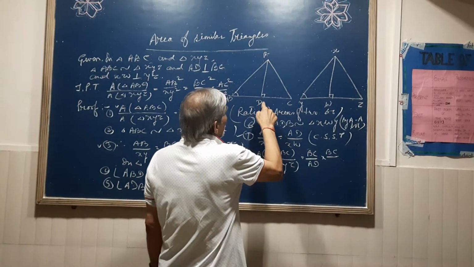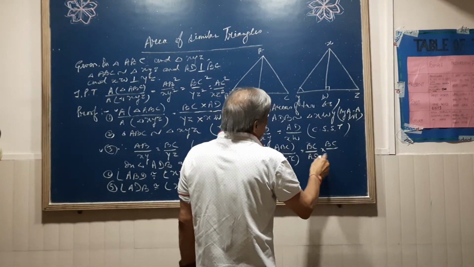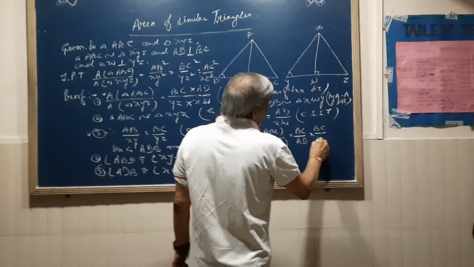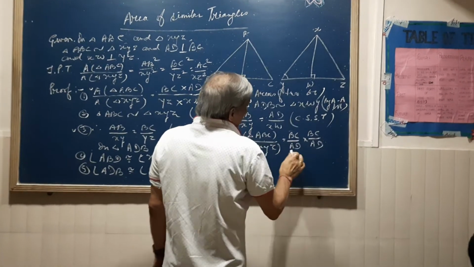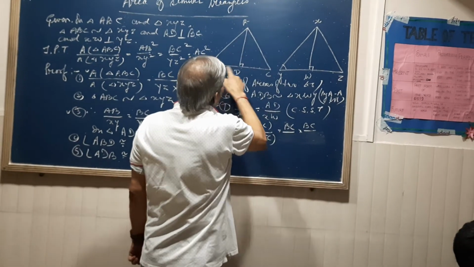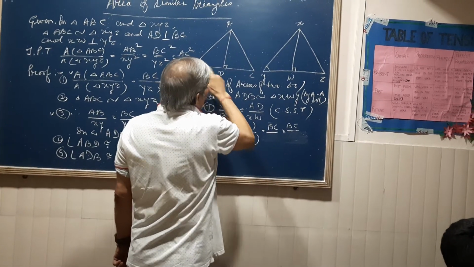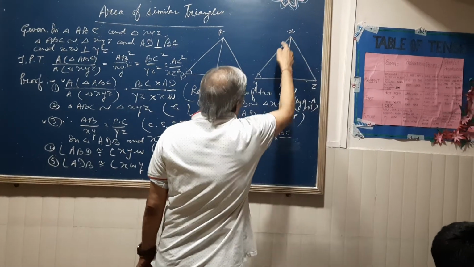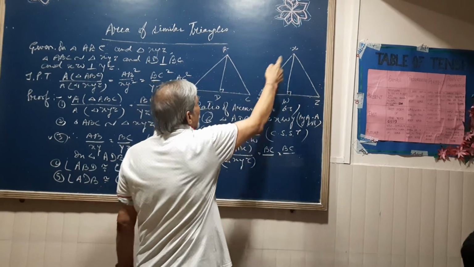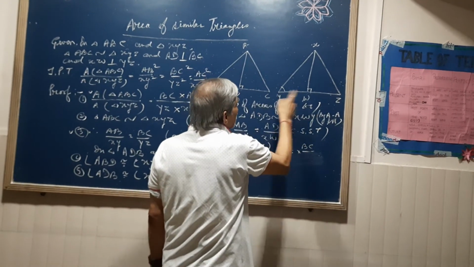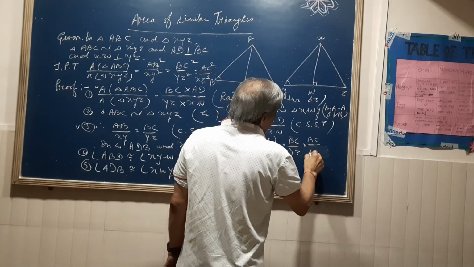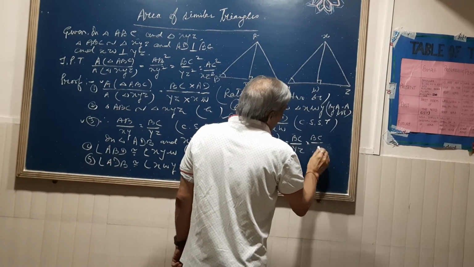This AD you can substitute using BC and AB, here YZ and XY. So here you get BC upon YZ into again BC upon YZ.